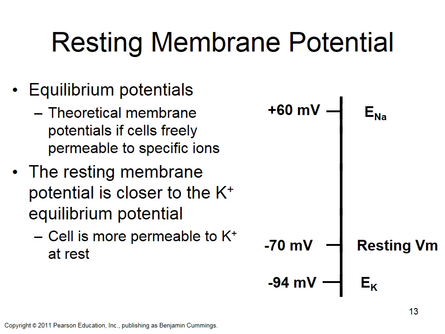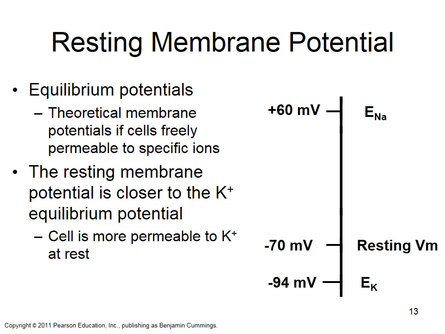Now we're going to think about what would happen to membrane potential if the cell became permeable to this ion or this ion. So here we have resting membrane potential, and you can think of this as a y-axis on a figure. We've got resting membrane potential at minus 70 millivolts, and resting membrane potential is V subscript M. That's how it's denoted.